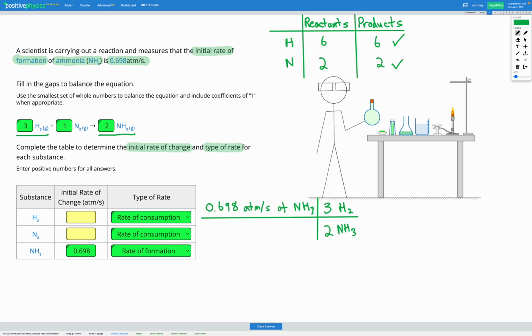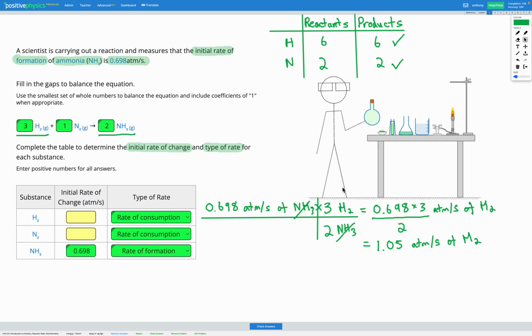So now everything on the top multiplies. We can cancel the ammonia out. So we end up with 0.698 multiplied by 3 divided by 2 atmospheres per second of H2, hydrogen. If we put that into our calculator, that's going to get us 1.05 atmospheres per second of hydrogen.